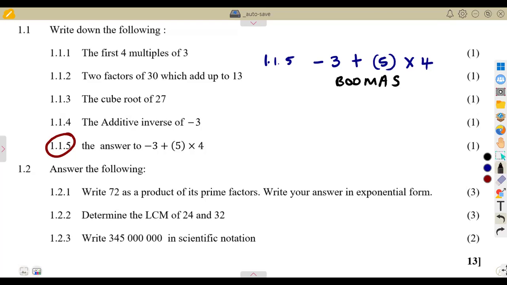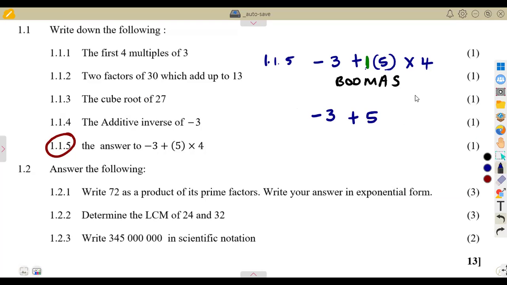Remember, if the number multiplying the bracket is not shown, not indicated, it means there is a 1. It's invisible. So you just multiply. You are going to remain with -3, then 1 times 5, which is +5.